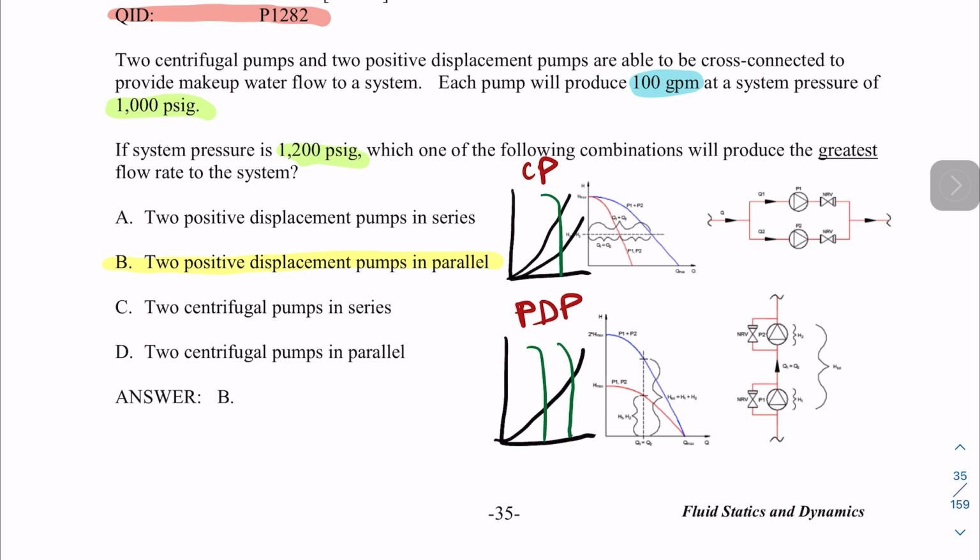So both of them will have a volumetric flow rate of 100 GPM at this head.